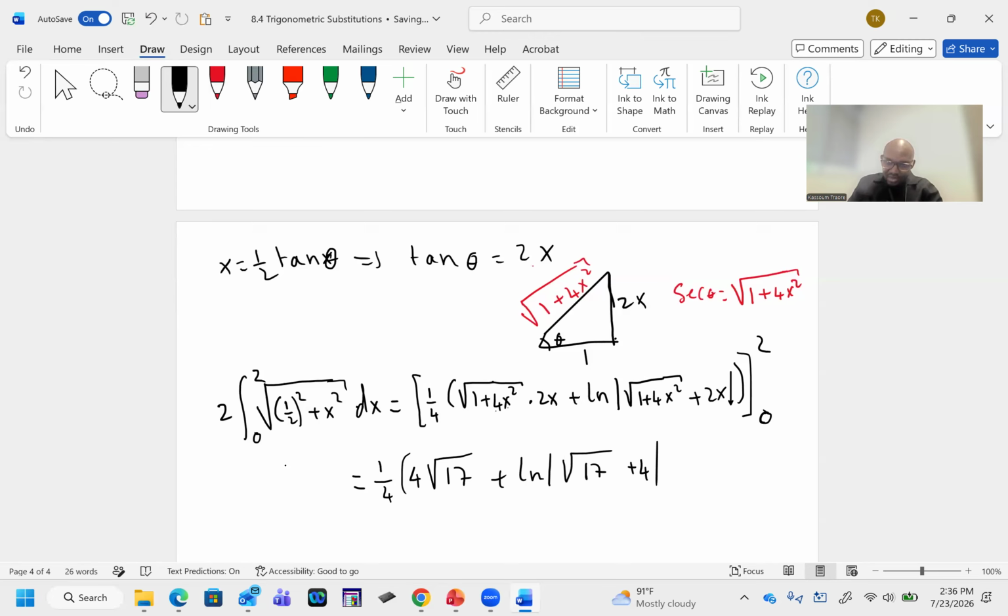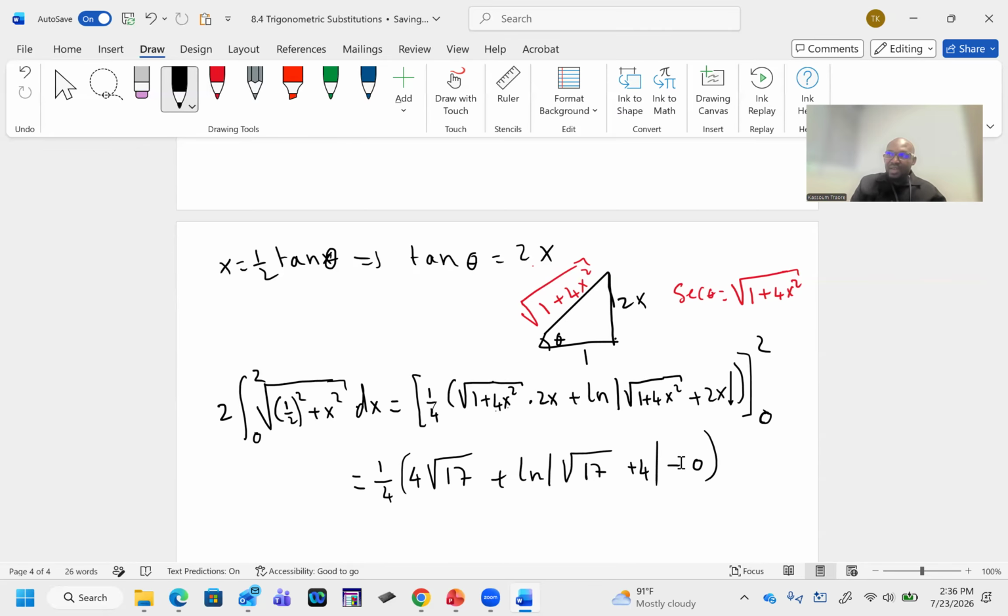If I substitute 0, 2 times 0 is 0, and 0 times anything becomes 0. This will be 0. And if I substitute 0 inside the absolute value, 2 times 0 is 0, 4 times 0 is 0, 0 plus 1 is 1, the square root of 1 is 1, and ln of 1 is 0 as well. So minus 0. Right?